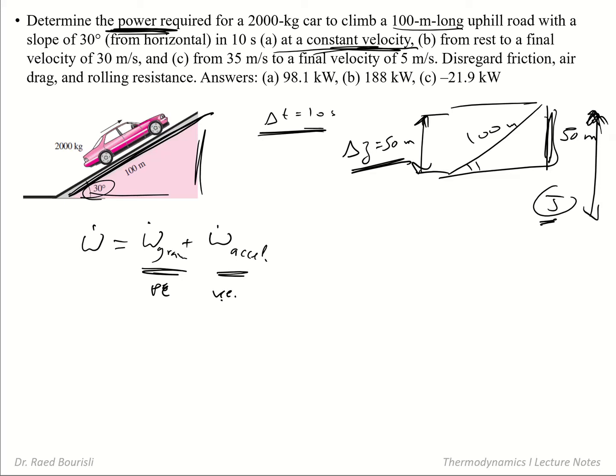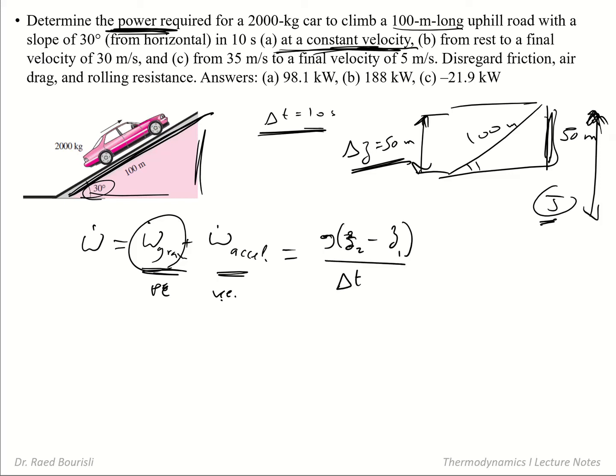So when I say at constant velocity, let's write this in the general form. This gravity term would be g times z2 minus z1. This will give me the work, the potential energy increase.